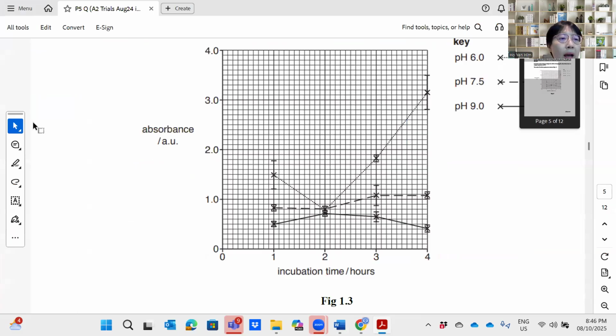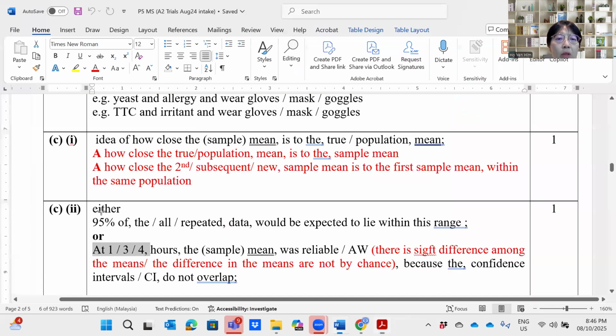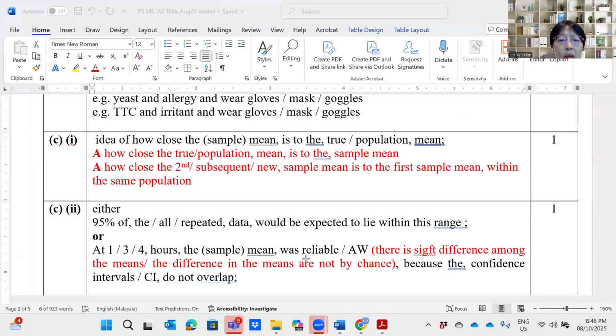So at 1 hour, all the 3 confidence intervals do not overlap. All these 3 do not overlap. All these 3 do not overlap. Only at 2 hours, you can say that they actually overlap. So therefore, the answer is at incubation hour 1, 3, and 4, the 95% confidence intervals do not overlap. So they are significantly different from each other. So that's where the majority of students wrote, right? Okay.